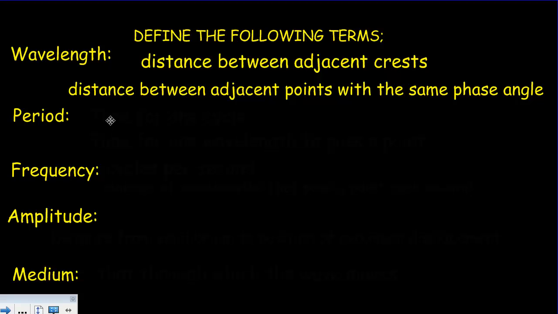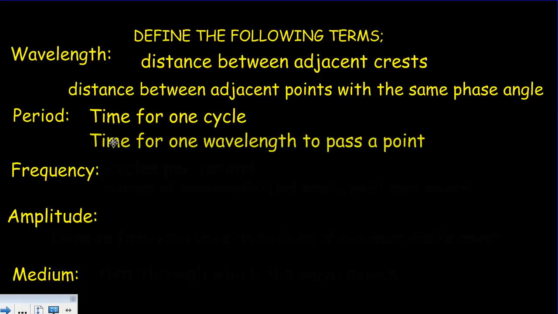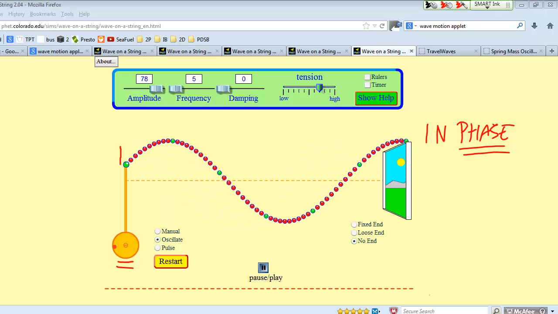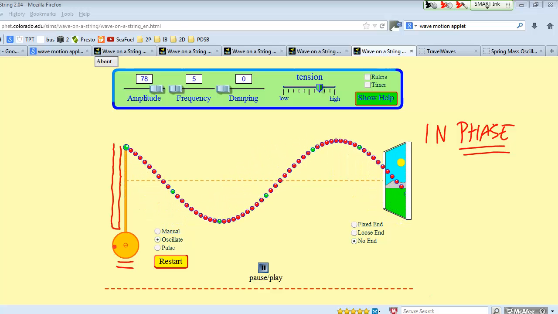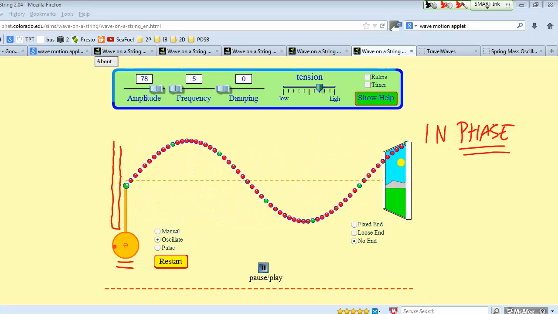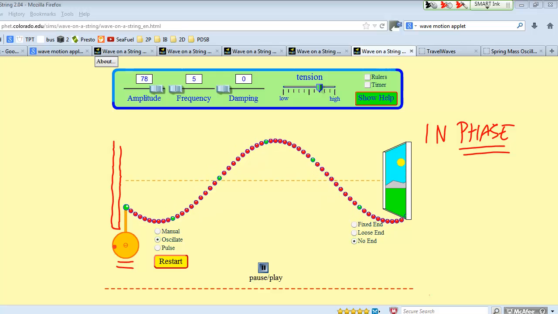Now, period, when we talked about simple harmonic motion, was the time for one cycle. We can also define it now as the time for one wavelength to pass a point. In other words, if I go back to when my oscillator goes through one complete cycle, in that time, you'll notice the wave, let's trace it out here.